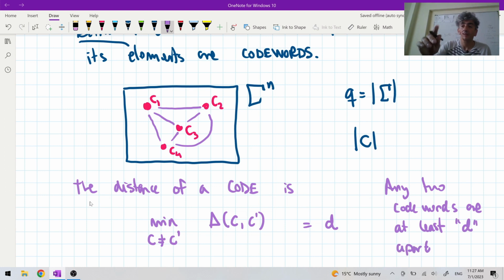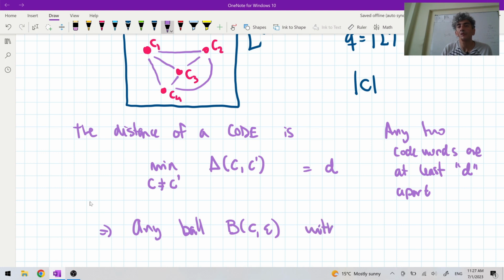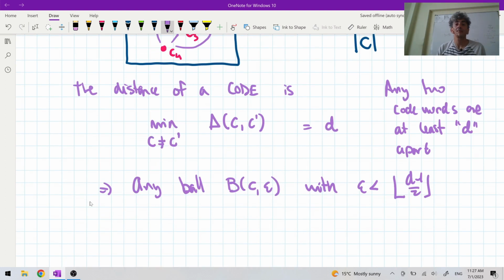And it also means that any ball with radius epsilon less than the floor of (D minus 1) over 2 isolates C from the rest of the code.